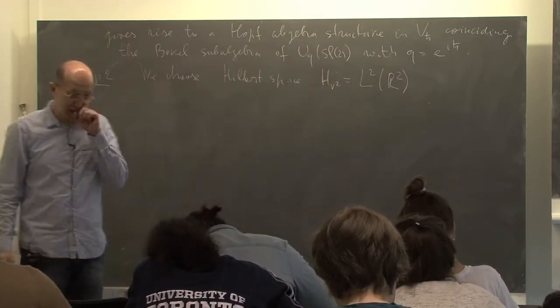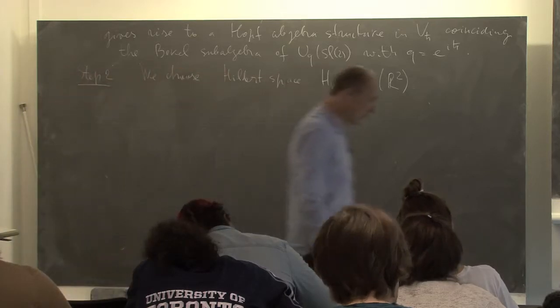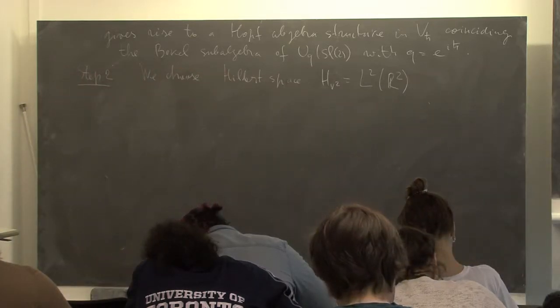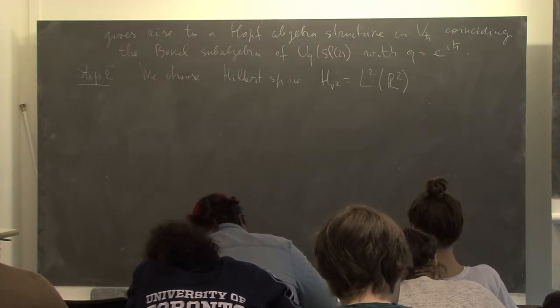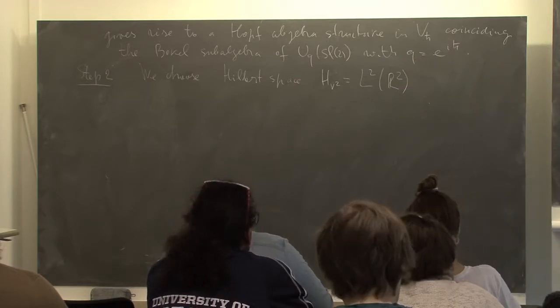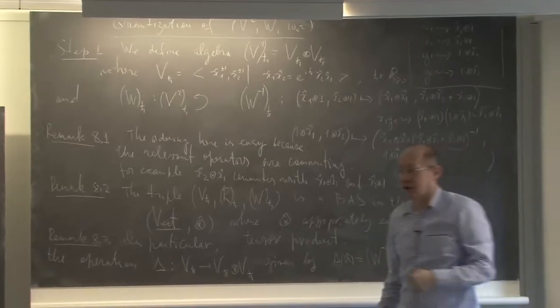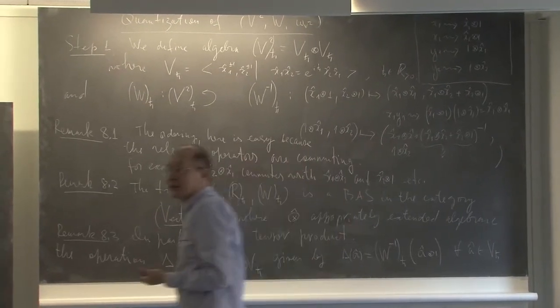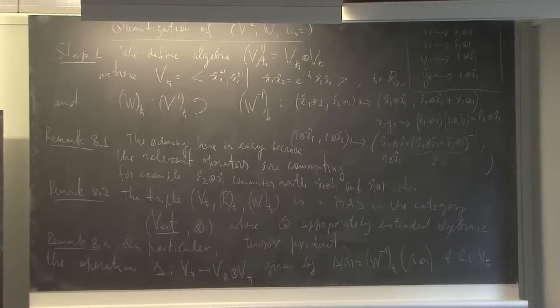If you remember, the Hilbert space associated to one copy of V was just L2 of R. Now we have to do some tensor product operation on the level of Hilbert spaces. Hilbert spaces are completed vector spaces.